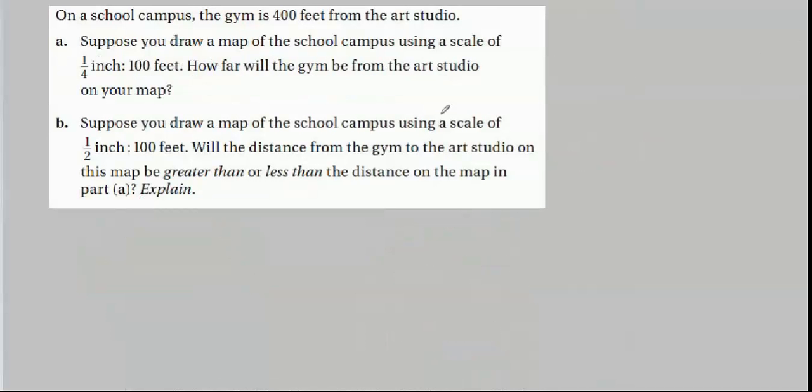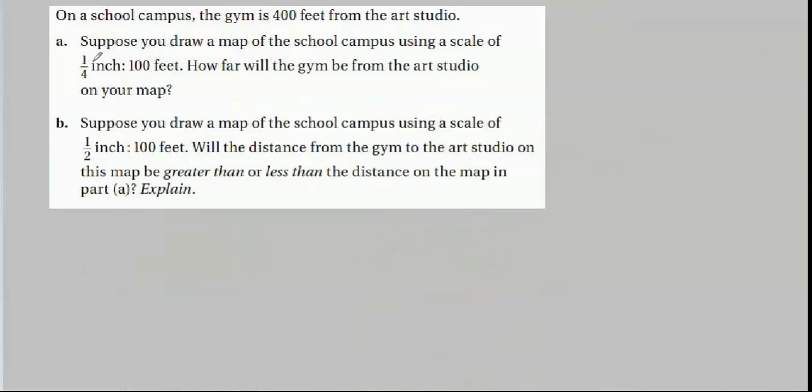Well, this one is pretty easy. Probably the first thing I would do if I saw a scale like this was convert it to 1 inch to how many feet. And remember, we can multiply through. In a ratio like this, we have 1/4 inch to 100 feet.